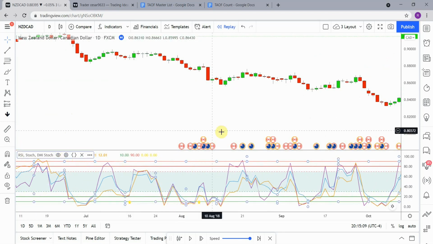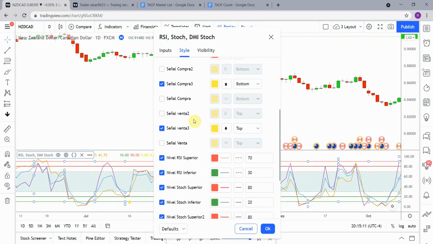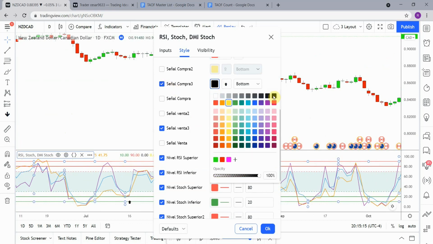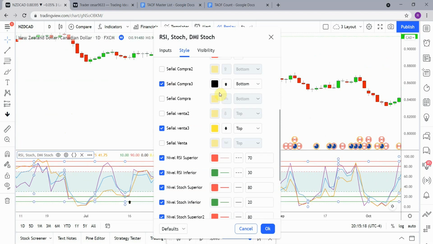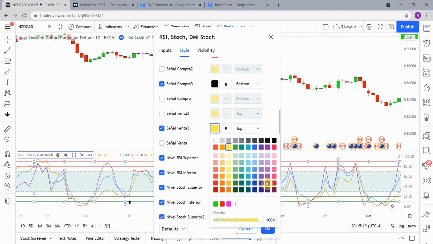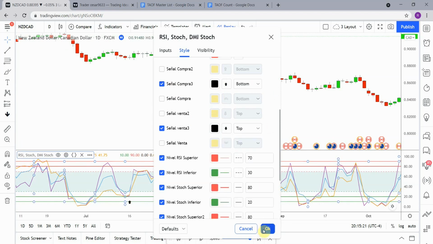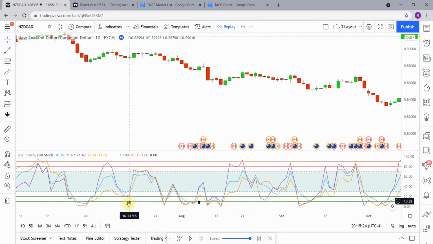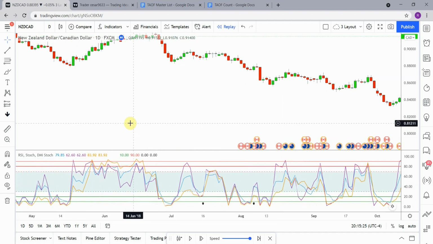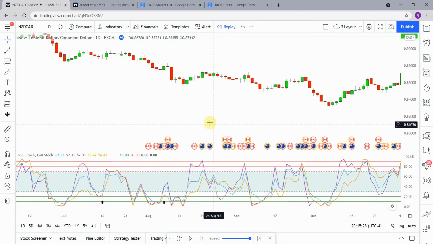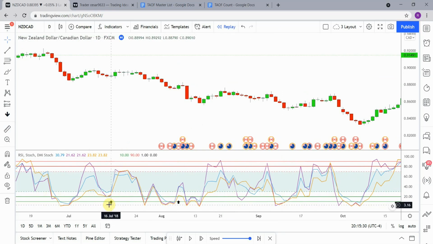Maybe we can change these arrows to a different color, maybe make them stand out a little bit more. There we go. If we put them in black, then they pop out just a tad bit more. But basically what we are looking for is these arrows right here.